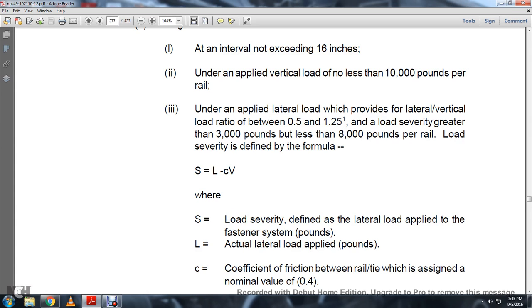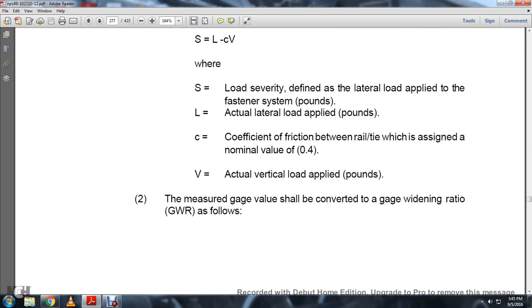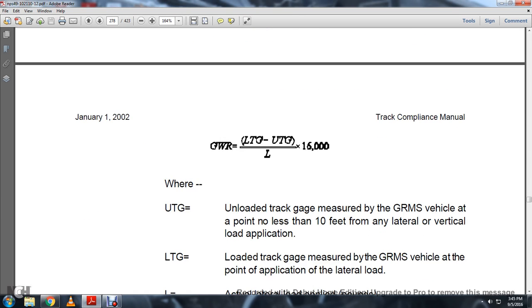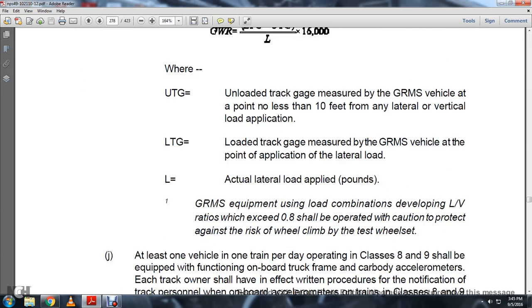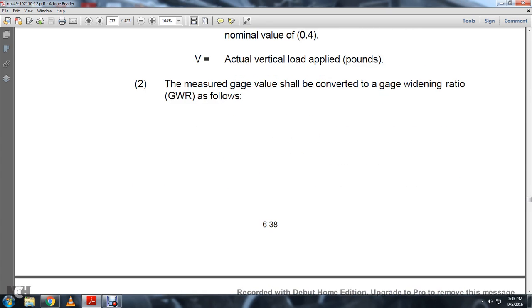loaded lateral load to the fastener system in pounds is equal to the actual lateral load applied in pounds minus the coefficient of friction between the rail and the tie, the assigned nominal value, times the actual vertical loaded applied in pounds. The measured gauge shall be converted to the gauge widening ratio as follows. GWR, what is GWR?